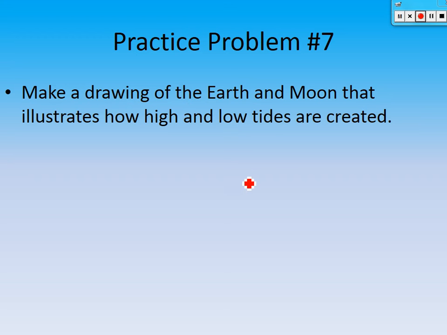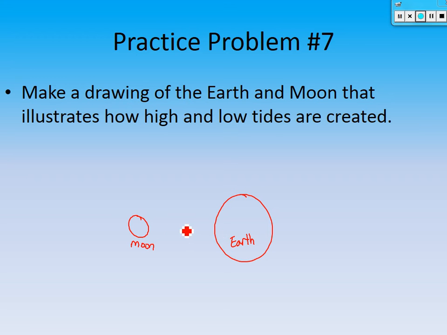So I'd like to start here with the earth. So let's draw the earth. Okay, here's earth. Okay. And let's start off by drawing the moon. Okay, the moon's right here. And we know that there is a force of gravity between the earth and the moon.